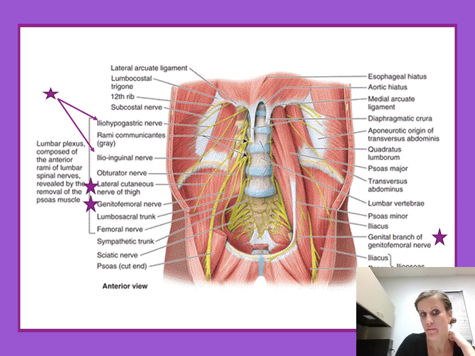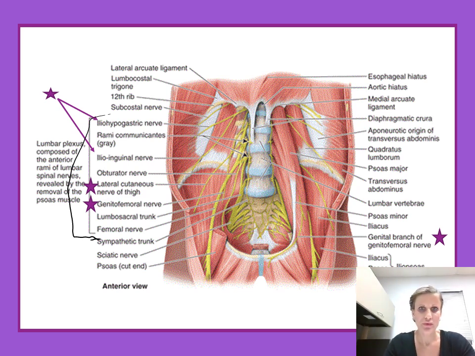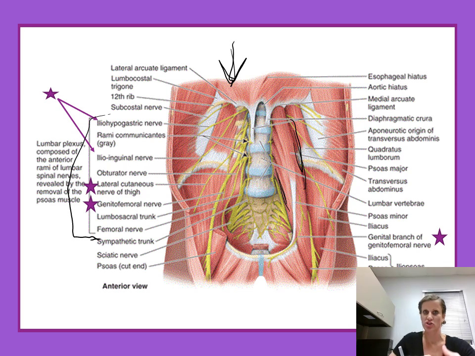Here we see the lumbar plexus. So all of this is the lumbar plexus of nerves. Below that is sacral. You can see them over on this side here because the psoas major has been removed, right? So over here, when the psoas major is in place, they're located in the posterior portions of that, so we can't really see them. We've got to actually remove the muscle, and then we can see the lumbar plexus of nerves.